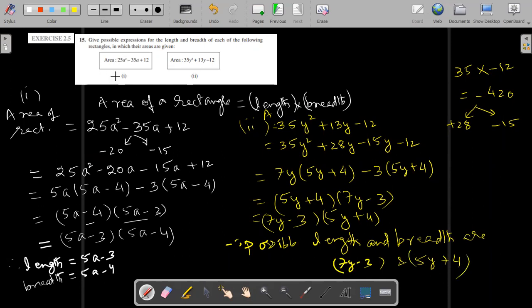Okay, got it? So this is about the length and breadth. And if we have three factors, then it will become the volume. So the next question is based on volume.